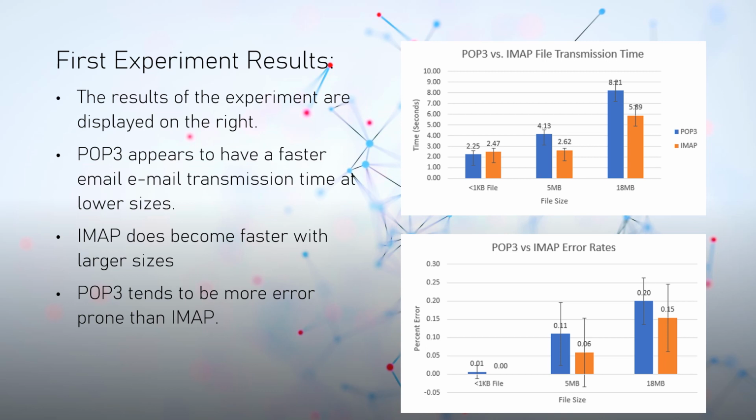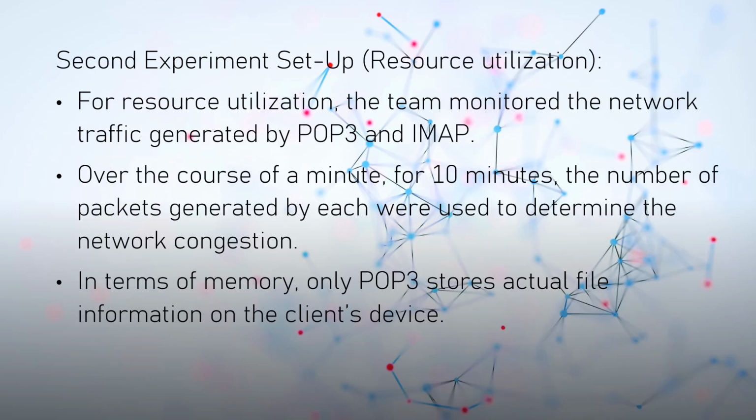Looking at the first graph on the top, we can see that between the two larger file sizes, POP3 was actually slower than IMAP in sending the files, but for the less than a kilobyte file size, it was actually slightly faster than IMAP. And in terms of error rate, IMAP was generally better. It had a lot less error.